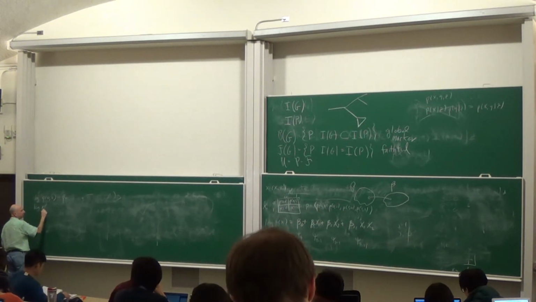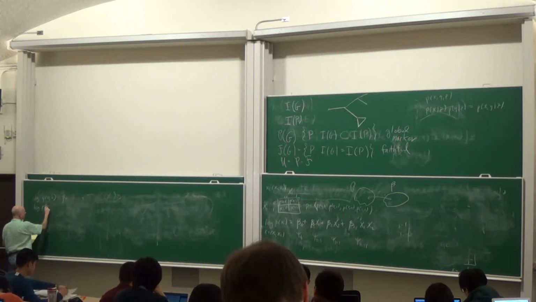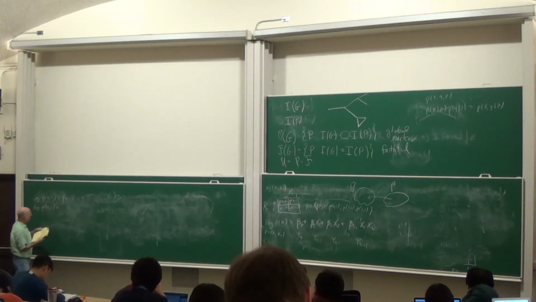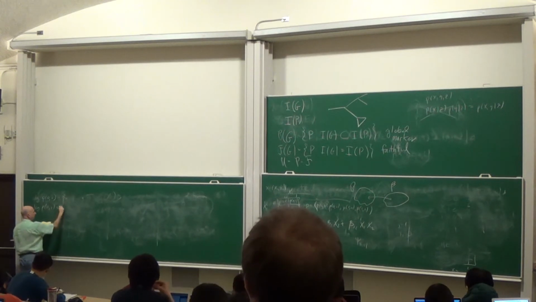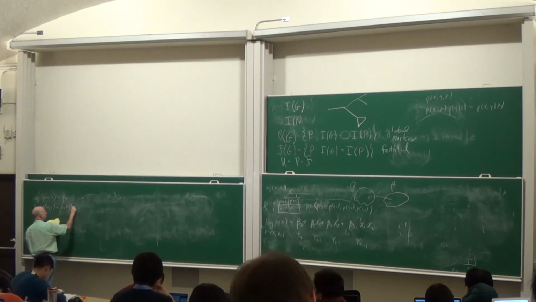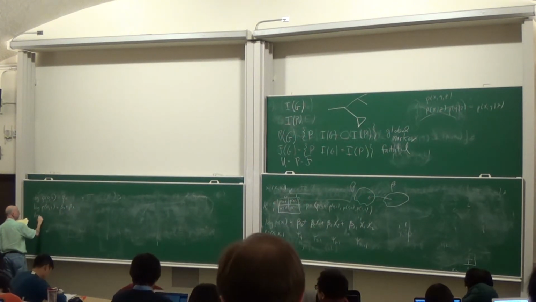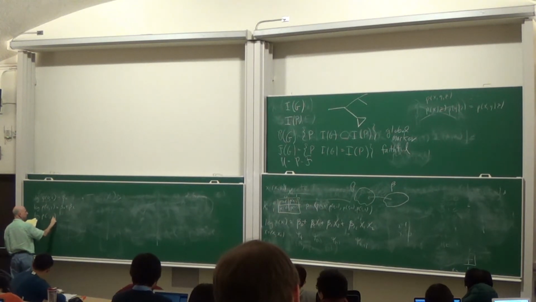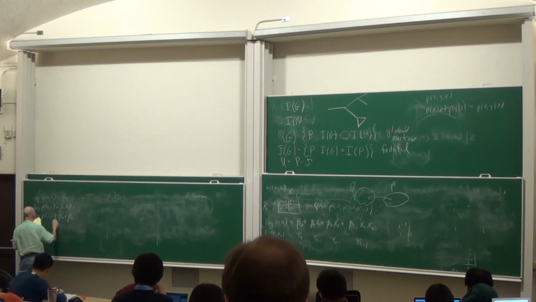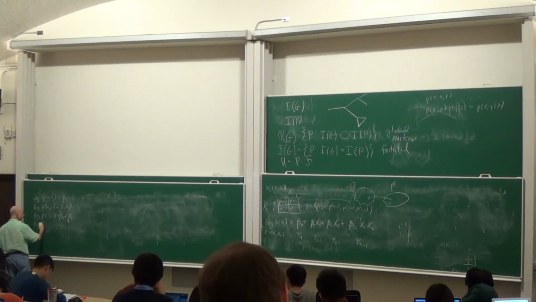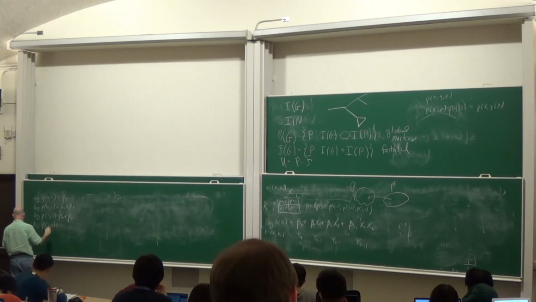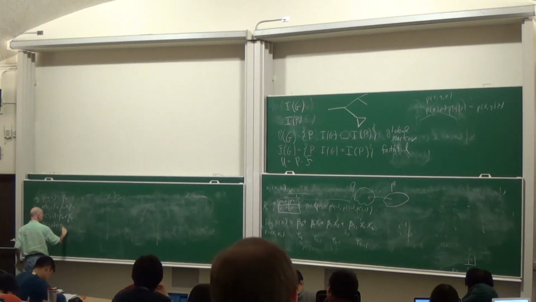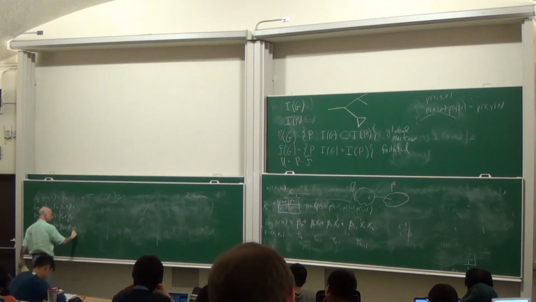And log of p01, if I set x1 equal to 0 and x2 equal to 1 in that formula, I believe I get beta 0 plus beta 2. And similarly, this is beta 0 plus beta 1. And finally, log of p11 is beta 0 plus beta 1 plus beta 2.